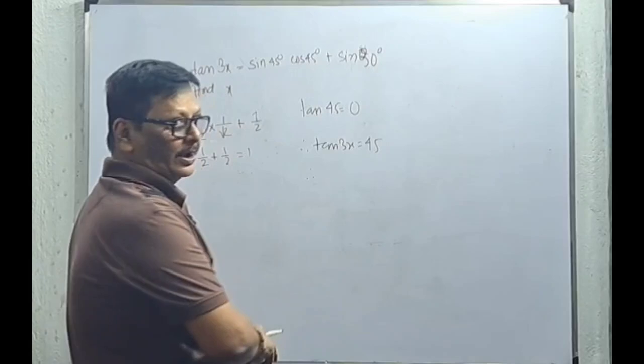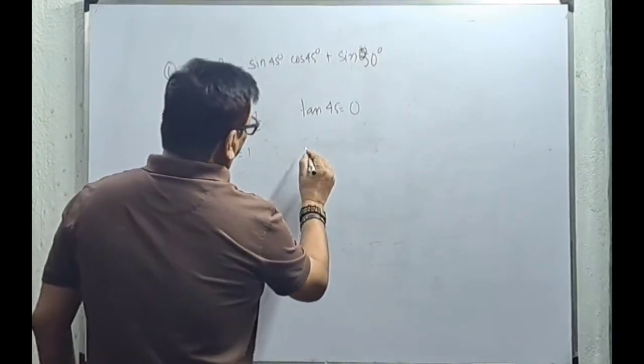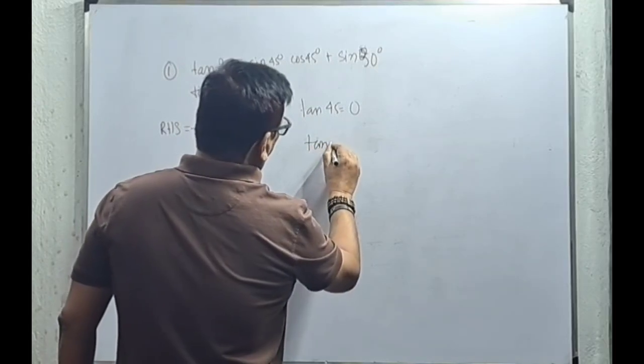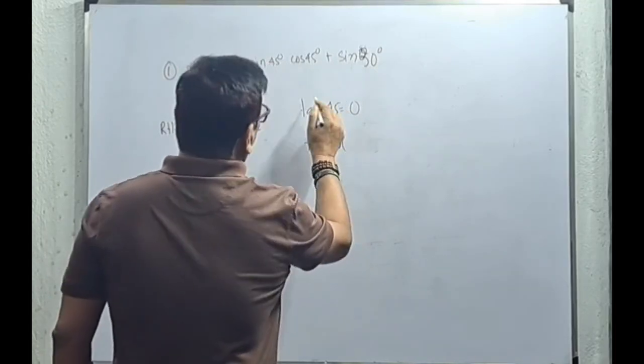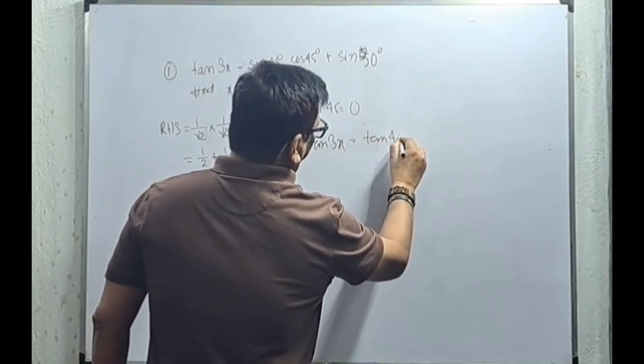Did you not understand, okay. See, tan 3x in that case is 1, so is equal to tan 45 degree.